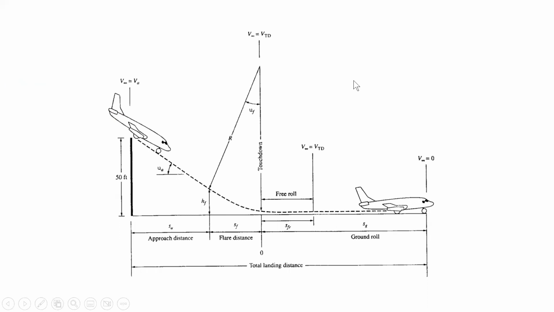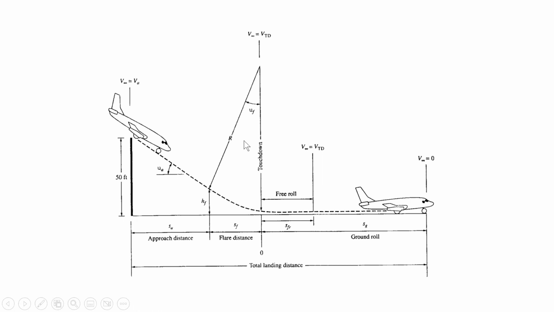So this is the picture that you can see. This photograph is showing you the total landing distance and different phases during landing. Notice that there is an obstacle of about 50 feet. So the landing distance is calculated from when the aircraft is at least at 50 feet altitude, and from there on this entire distance is the total landing distance.